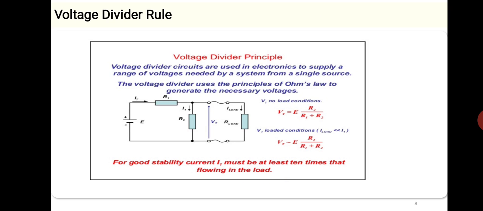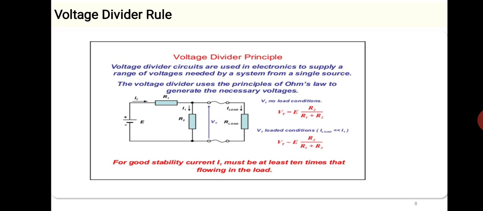Here is the voltage divider rule. Voltage divider circuits are used in electronics to supply a range of voltages needed by the system from the signal sources. The voltage divider uses the principle of Ohm's law to generate the necessary voltages.